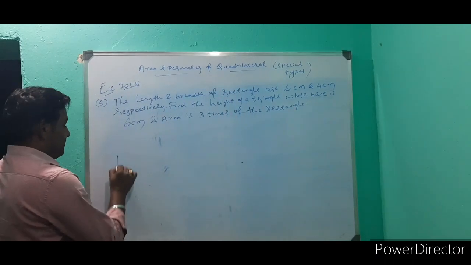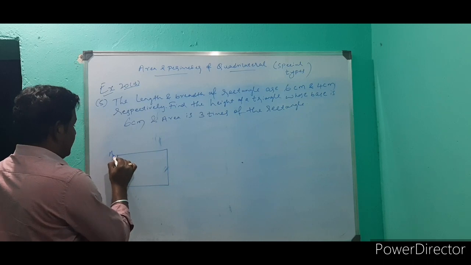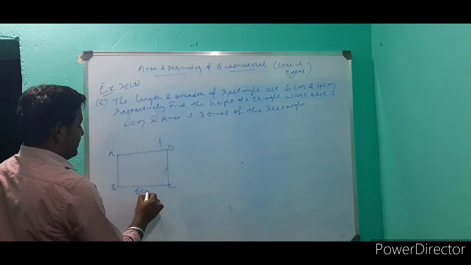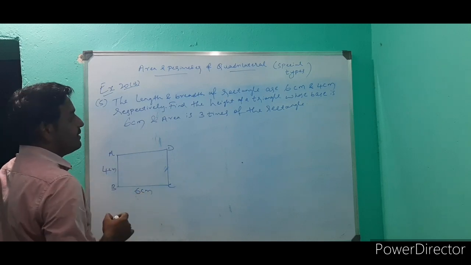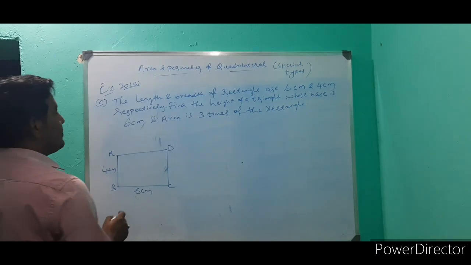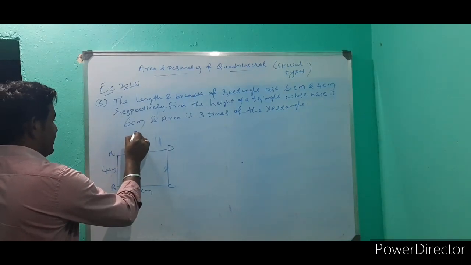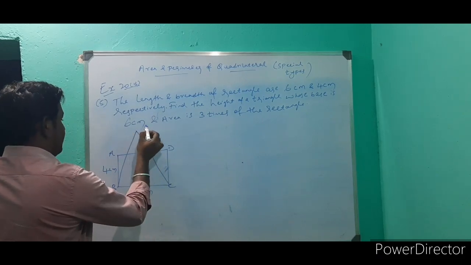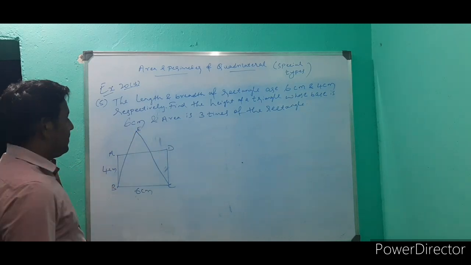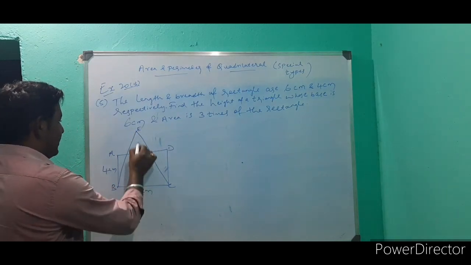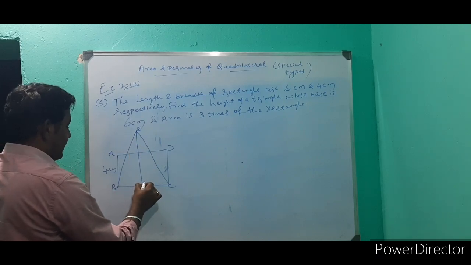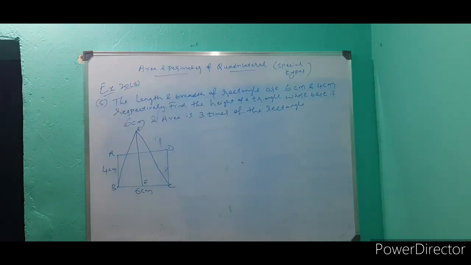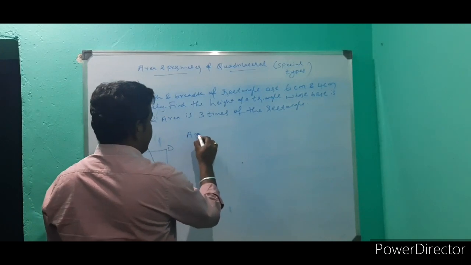Here rectangle ABCD is given. Length they are given 6 centimeter, breadth is 4 centimeter. Then the height of a triangle, base is 6 centimeter, same base. You can give any name, E. What we have to find out? Height of the triangle, F. We have to find EF. So first you have to find area of rectangle.